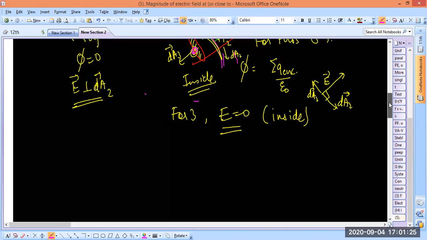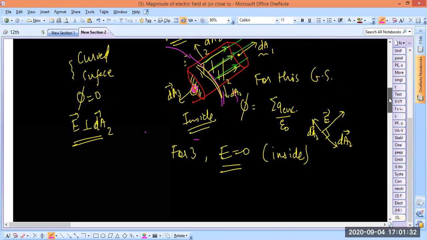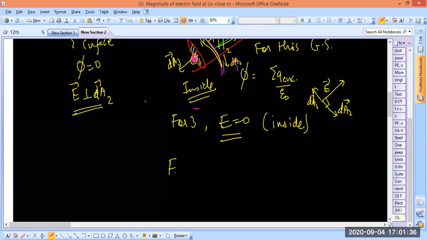See, electric field inside is zero, right? So now we have to only worry about surface 1. For surface 1, of course, E vector and dA vector are in the same direction, right?